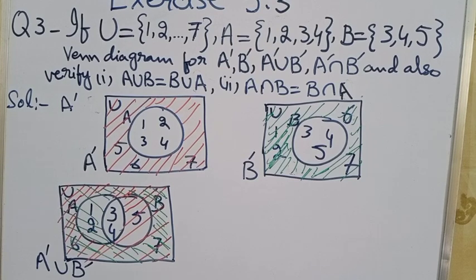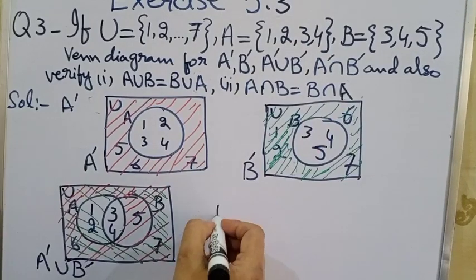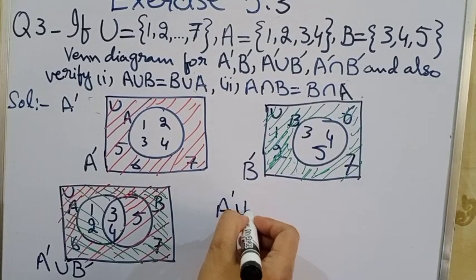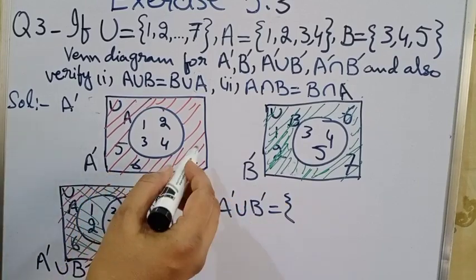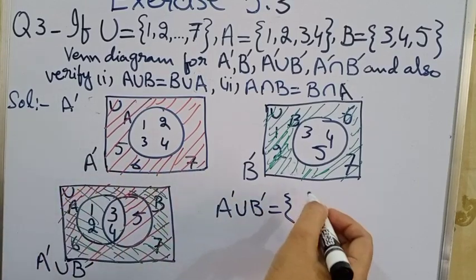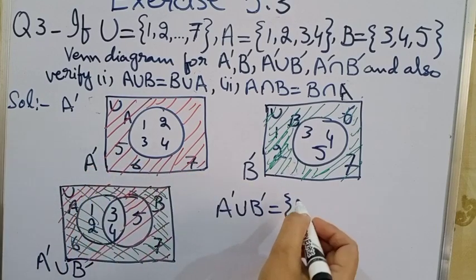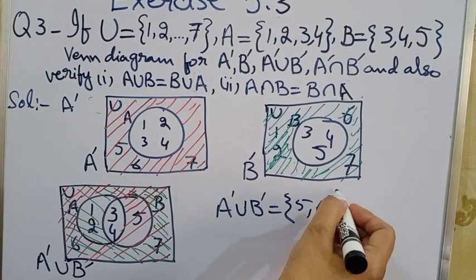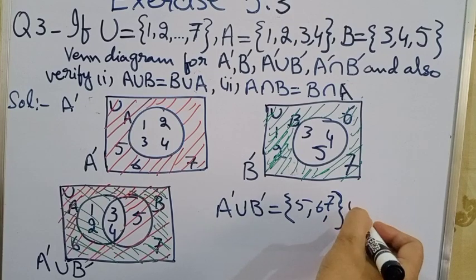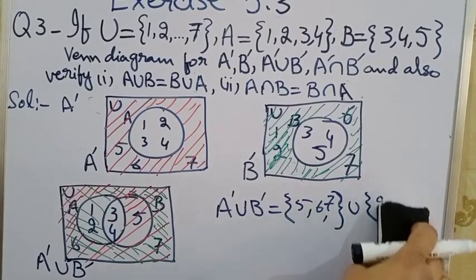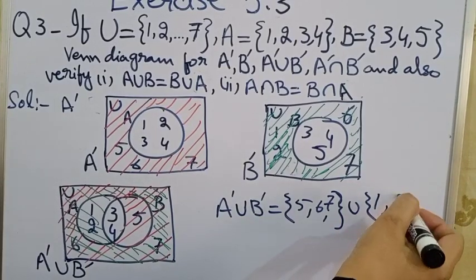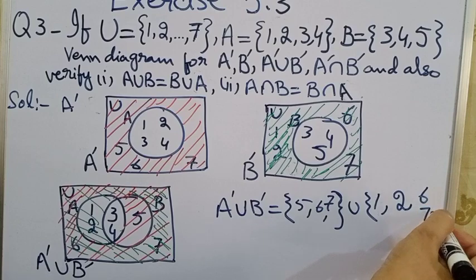We write A complement union B complement is equal to all elements of A complement and B complement. A complement contains 5, 6, 7, and B complement contains elements 1, 2, 6 and 7.